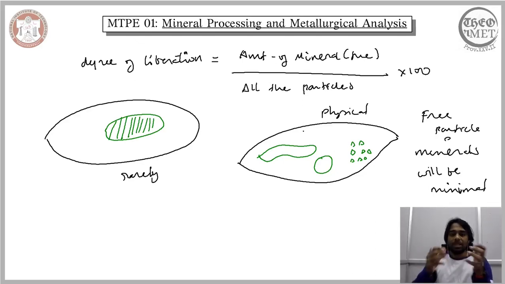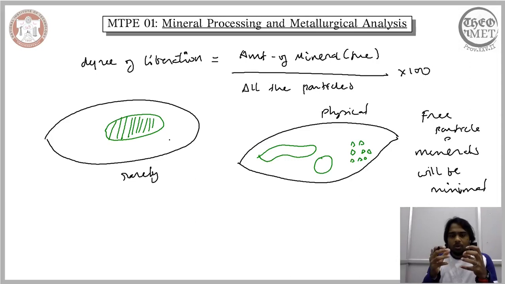When you subject such a realistic particle to comminution, the first observation is that very rarely would you observe free mineral particles. The amount of free mineral particles produced through the first comminution process will be very minimal when compared to the purely theoretical, that is, the schematic one.